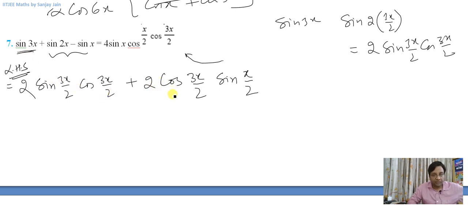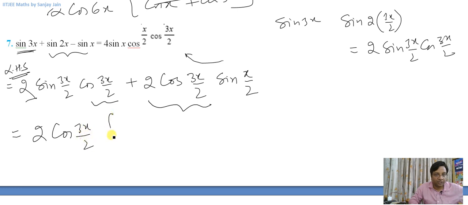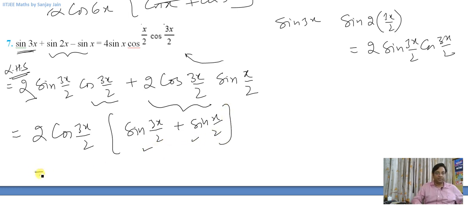So what I can do is I can take 2 cos 3x by 2 common from these terms. So if I take 2 cos 3x by 2 outside, I'll have sin 3x by 2 plus sin x by 2, right? So I can apply CD formula here now. So sin c plus sin d will give me 2 sin (c plus d) by 2 cos (c minus d) by 2.